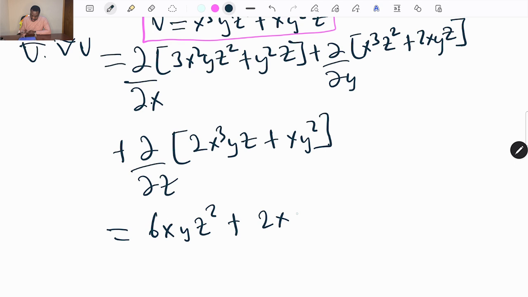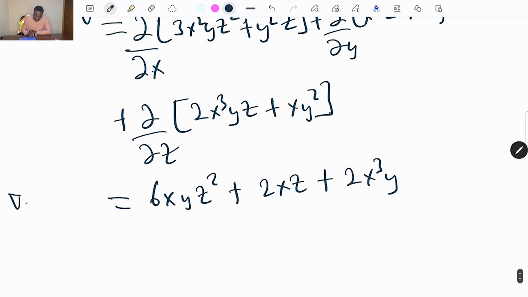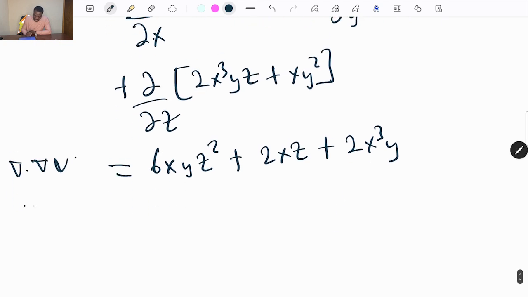Then the last one, we differentiate with respect to z. So you can see you have 2x raised to the power 3 y. Then for the next one, there's no z there. We differentiate with respect to z, we get 0. So this is the Laplacian of this function.